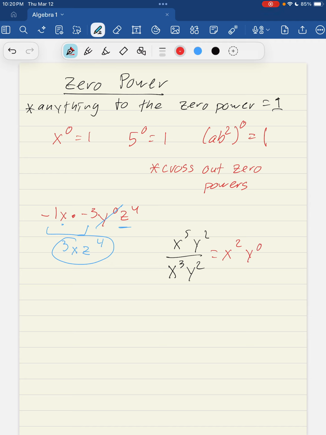Ooh, you have a 0 power. So cross that out. You don't want to have that in your final answer. Bop, there you go. Now you could also cross the y's. If you're good with your fractions, you might say, oh, I have the same value in the numerator and the denominator. I can cancel them out. This concept is the same concept of canceling your 0 power. So just do whatever is easiest for you.